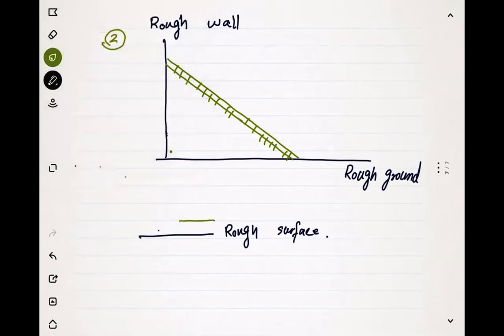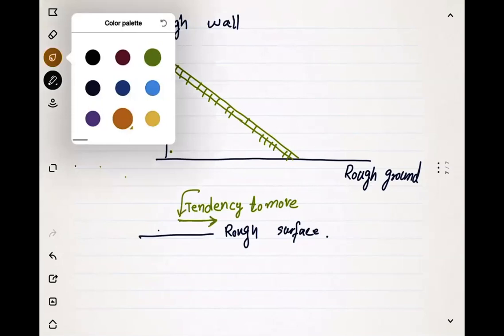If the tendency to slide is towards right, if the object is allowed to move or it is pushed and the tendency to move or slide is towards right, then obviously friction will be towards left.